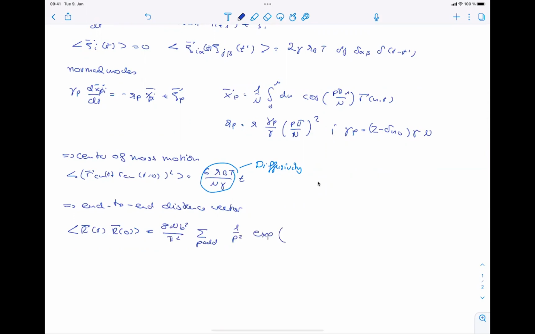And here it was noteworthy to realize that the dynamics are governed by the largest modes, because of the exponential decay, at p equal 1, such that we identify that this is the relaxation timescale.